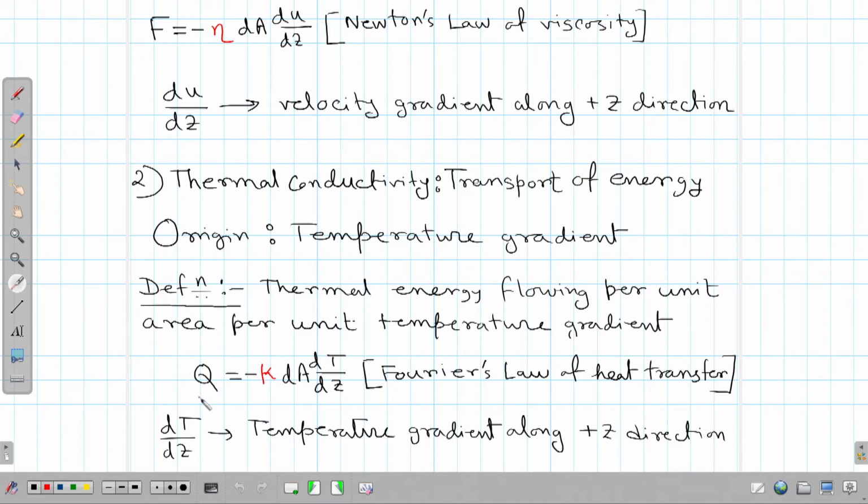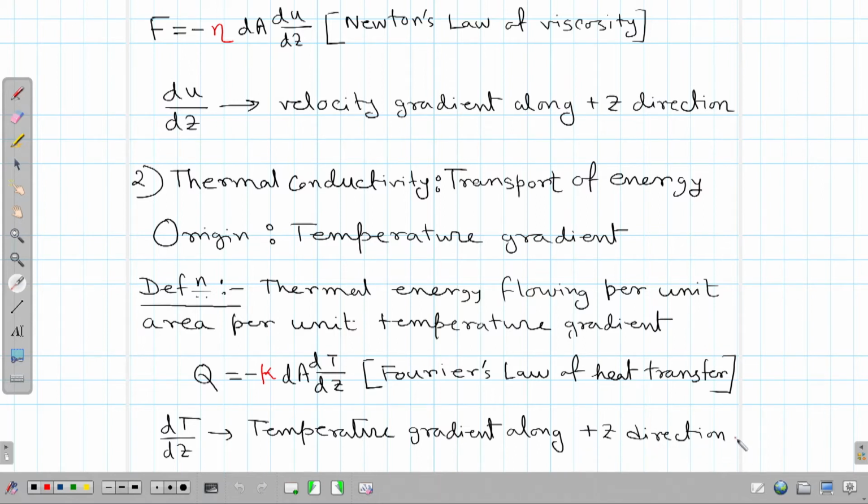So, if Q is the total amount of heat that is being transferred, then that is equal to minus K, or sometimes it is written with a Greek letter kappa, minus K dA dT/dz, which is called the Fourier's law of heat transfer, where dT/dz once again is the temperature gradient along positive z direction.